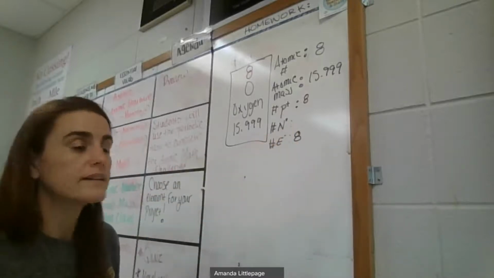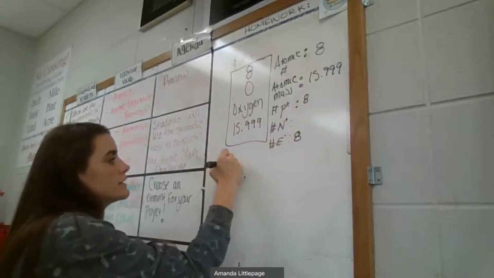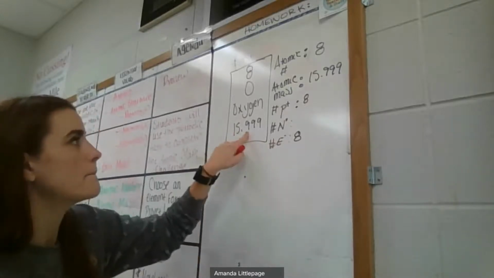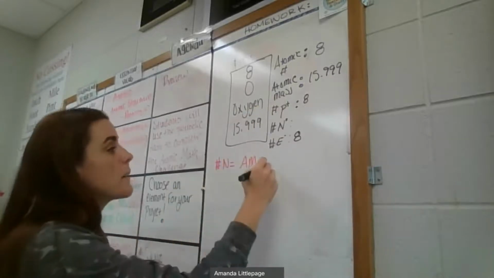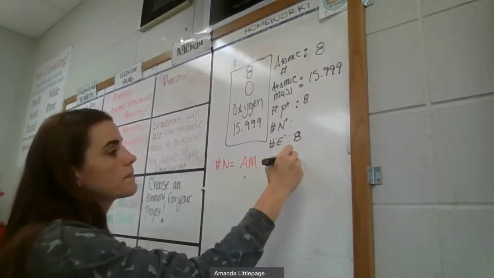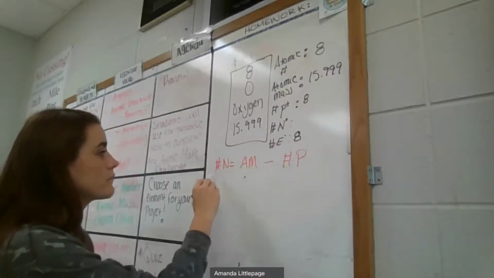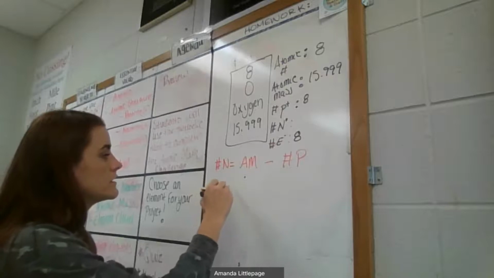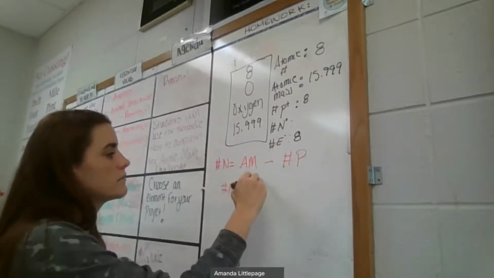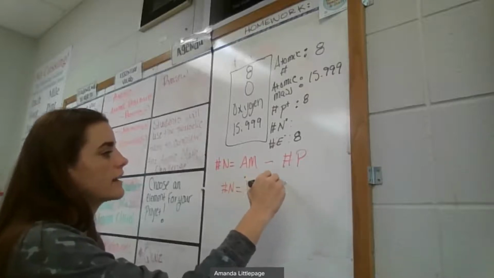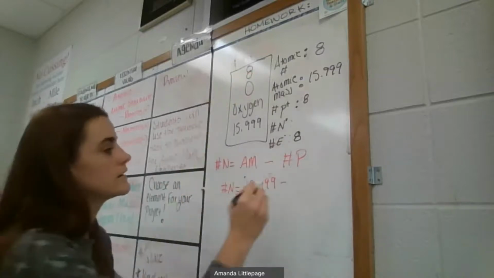The number of neutrons is equal to atomic mass, I'm going to say AM, atomic mass, minus the number of protons. Let's plug that in. Number of neutrons is equal to 15.999 minus number of protons. For oxygen, that's 8.